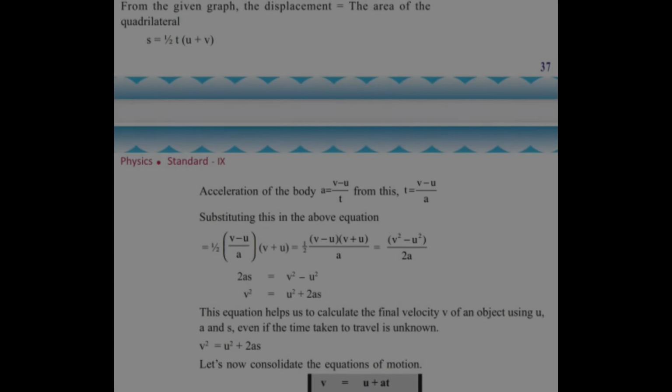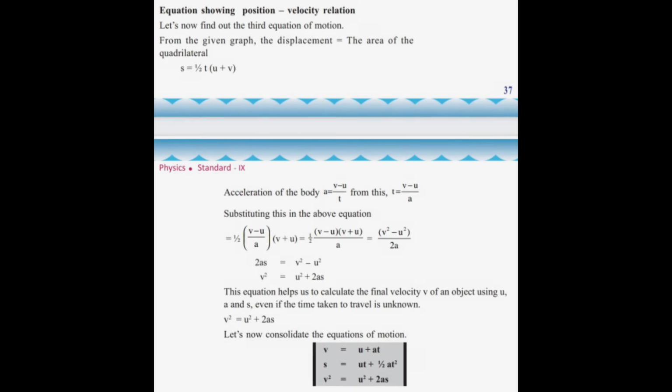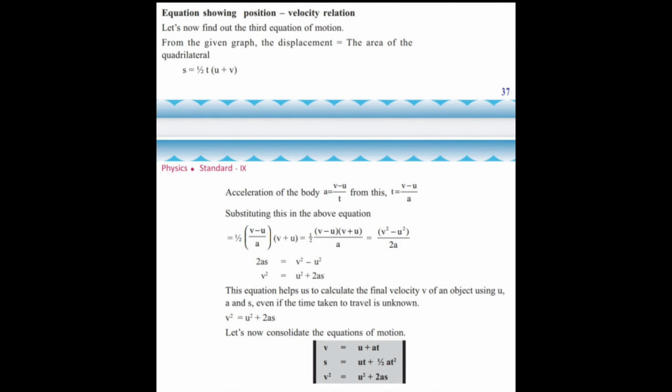Okay. Then let us pass on to another equation of motion, the third equation of motion: v square is equal to u square plus 2as. How do we get it? For that we must remember this equation: displacement is equal to the area of the quadrilateral. That means S is equal to half t into (u plus v).